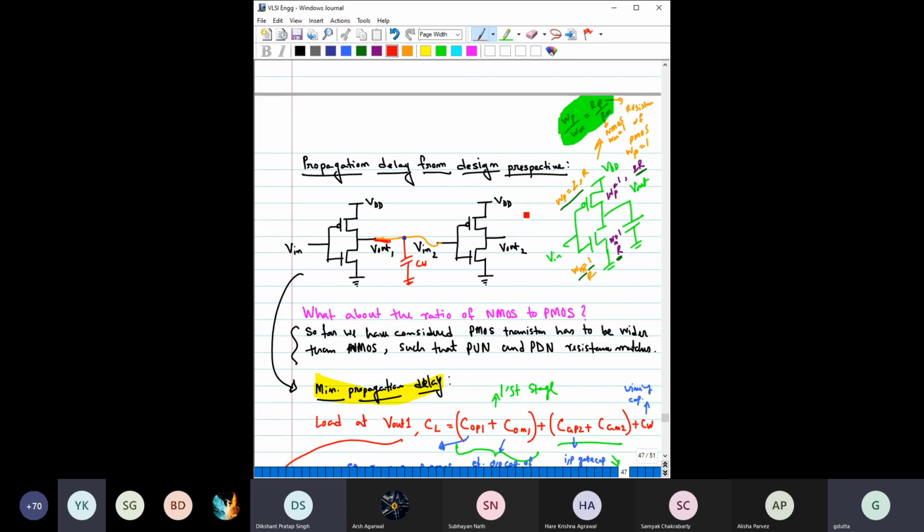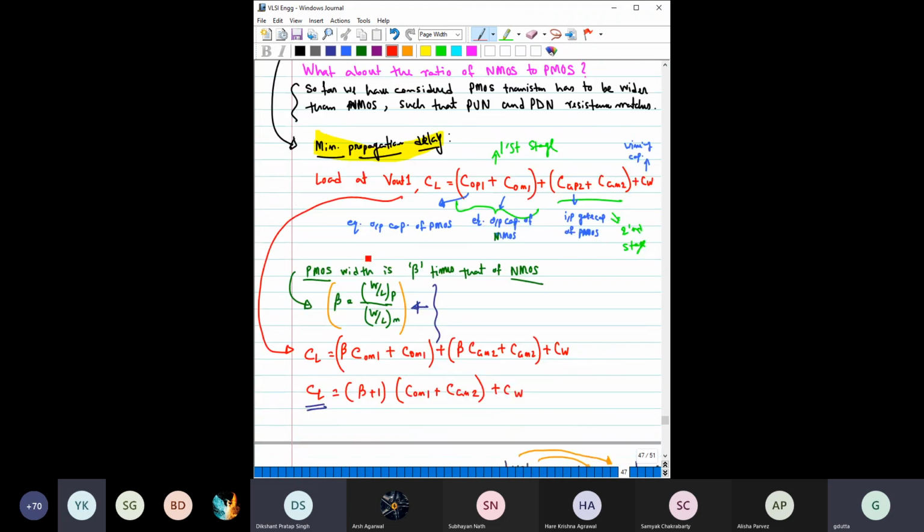But making WP equal to root over of 2 and WN equal to 1 would give you the minimum propagation delay. Fine. So this is the important understanding. Please keep it in your mind and note that whenever you are doing that 2 is to 1 depending on the mobility and all these things, that is from the symmetric charging discharging point of view, but that is not the criteria for minimum propagation delay.